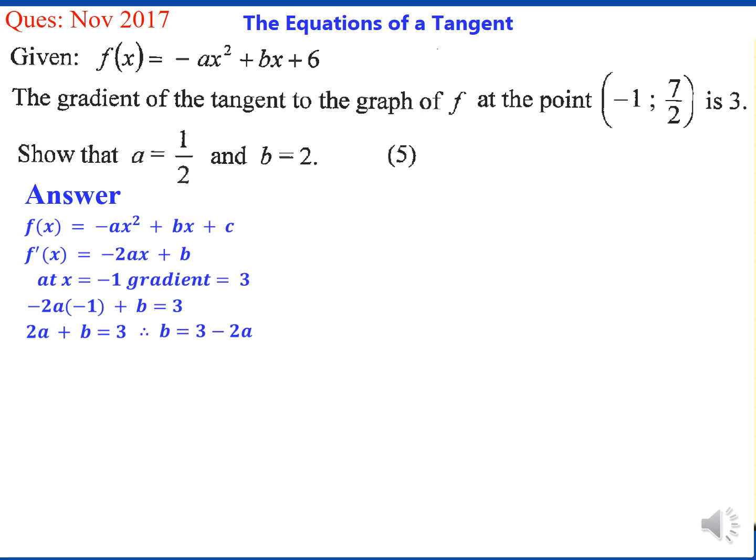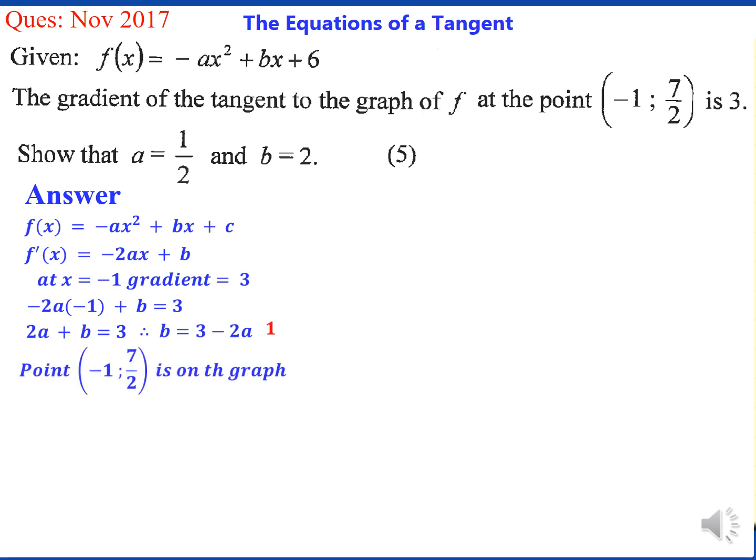So that means when x is equal to negative 1, y is equal to 7 over 2. In the equation given, we substitute y, which is f of x, with 7 over 2. Then we substitute x with negative 1.